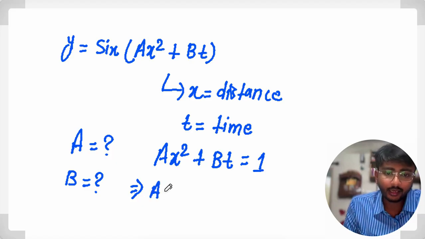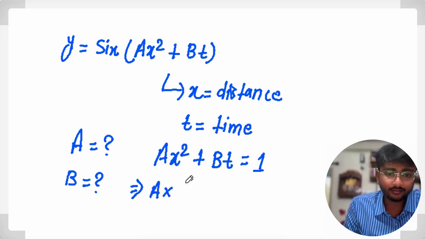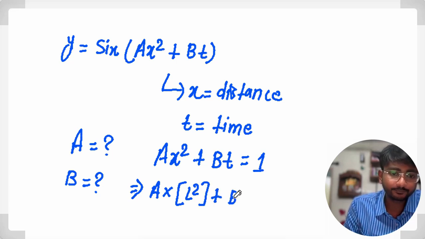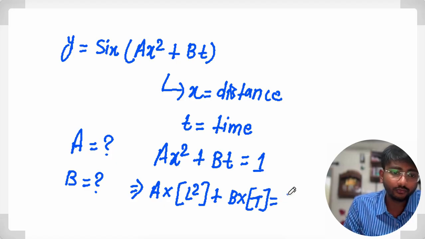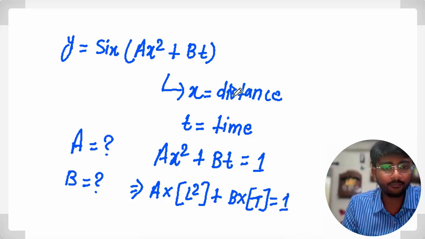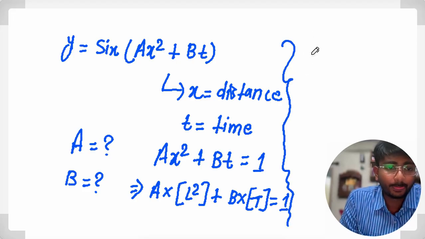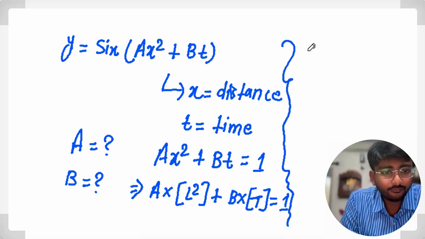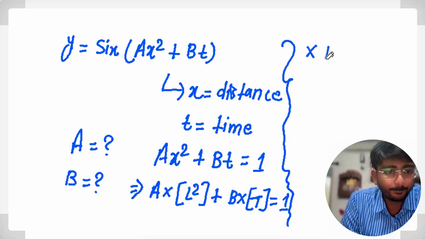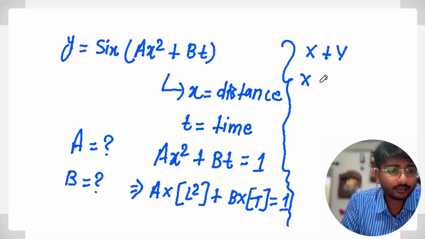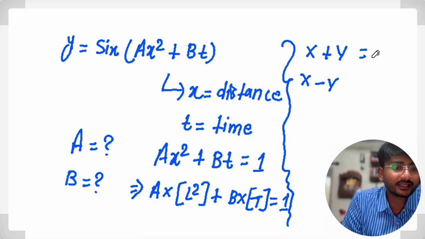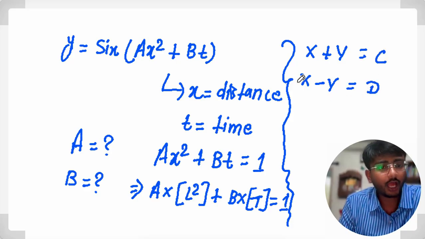Now a and x is what? X is length, that means L square, plus b into t is what? Time, t, equal to 1. See, before this you need to know one basic thing. If we have to add x plus y or x minus y, suppose x plus y equal to c and x plus y equal to d.